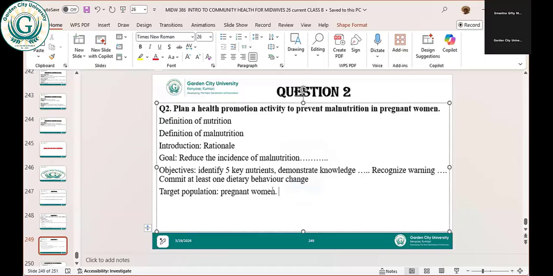Madam, target population after pregnant women, the attendees are what? Attendees, those pregnant women that come. Are they also part of your target population? Yes, please.